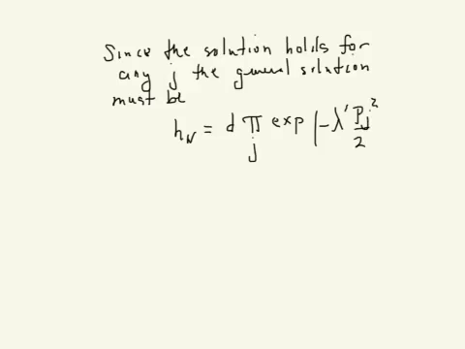So this is the only way that the function can be satisfied, if the total solution or the general solution is a product of all the exponentials. And here now d is an arbitrary constant and is a true constant and not a function.